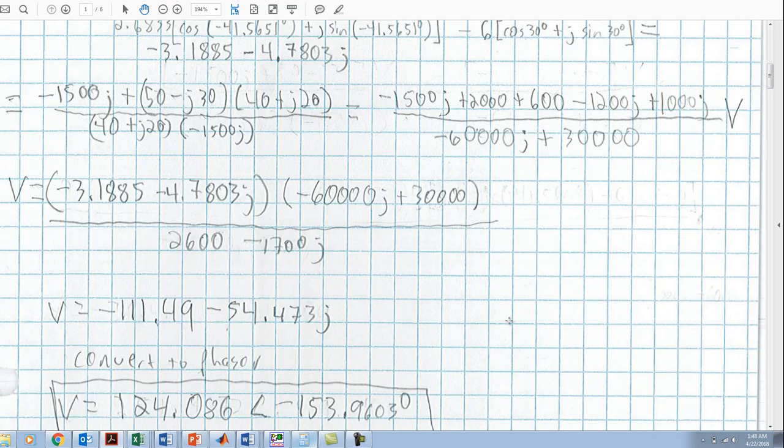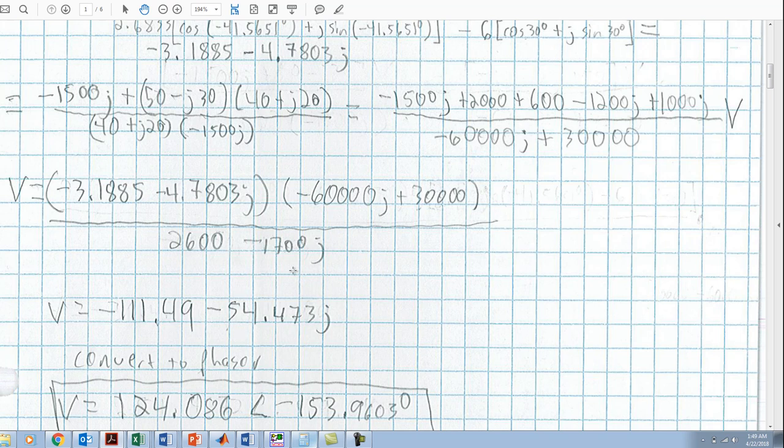Then we are going to gather our like terms, and we get this complex pair multiplied by this complex pair divided by this denominator. So we're just distributing everything on through. And so V ultimately is going to equal this total complex pair. Just done this out in MATLAB.